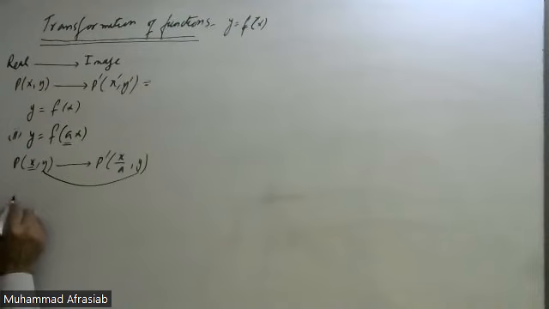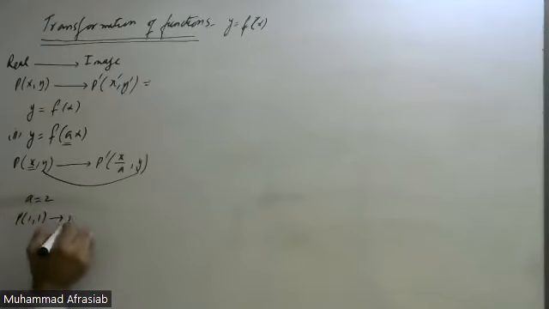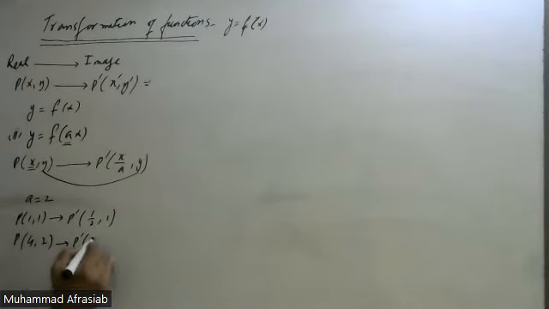Suppose we have a point 1, 1, then the image of this point, if a is equal to, let's say 2, will become 1 over 2 and 1. Or if the point is 4 and 2 there, the point will become 2 and 2 there.